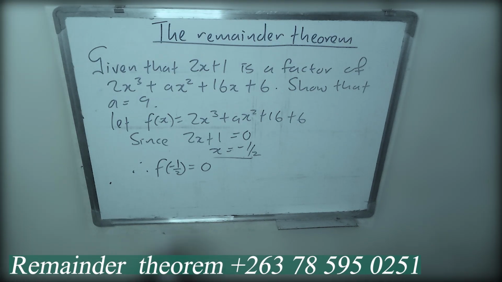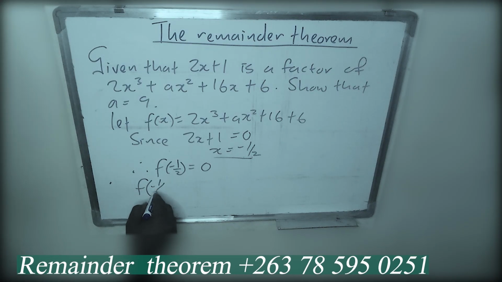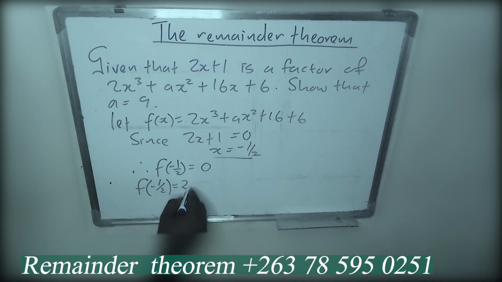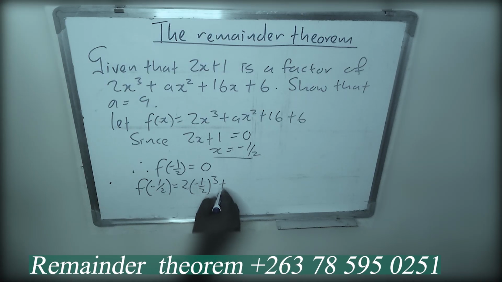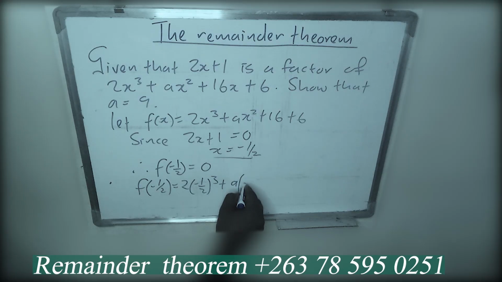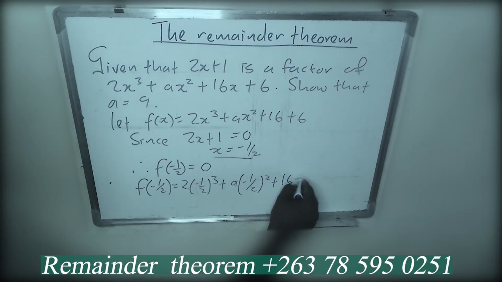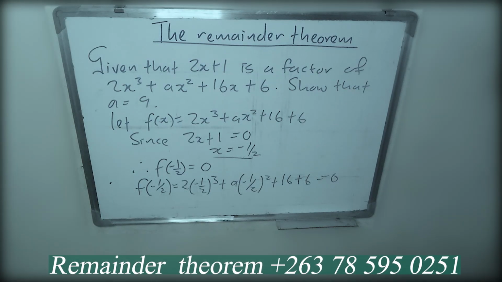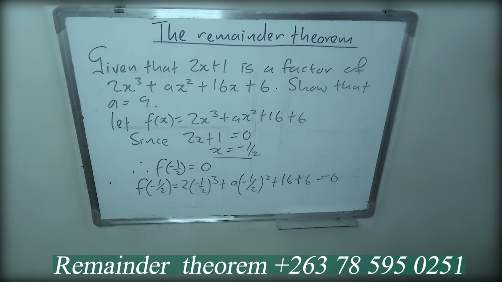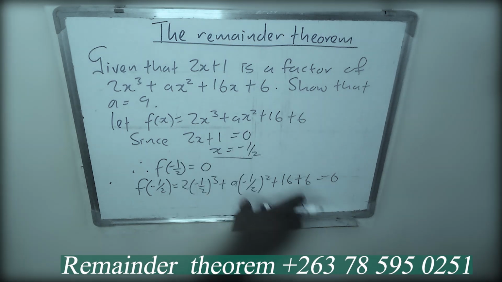So f of minus half is equal to 2 times minus half to the power of 3 plus a times minus half squared plus 16 times minus half plus 6 equals 0. That is equated to 0 since 2x plus 1 is a factor.